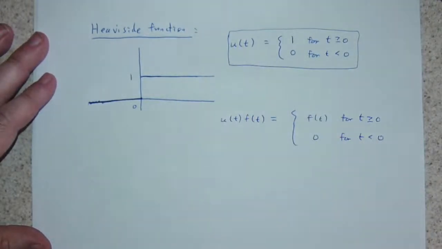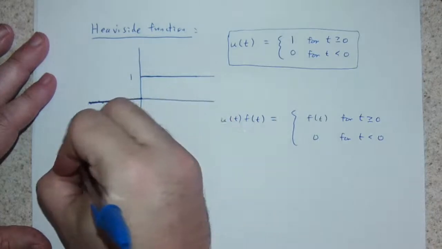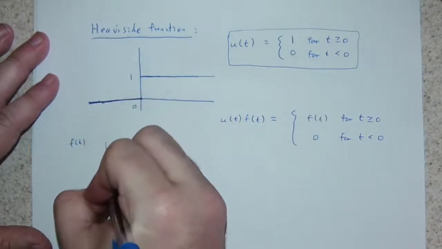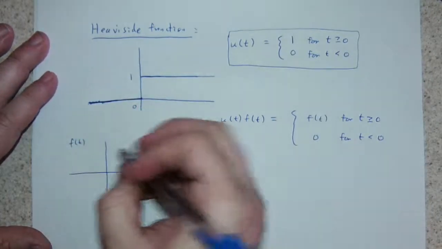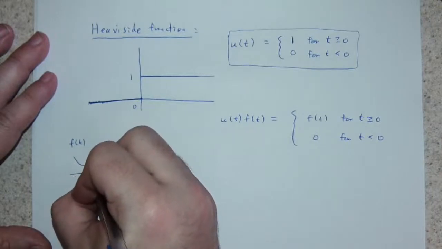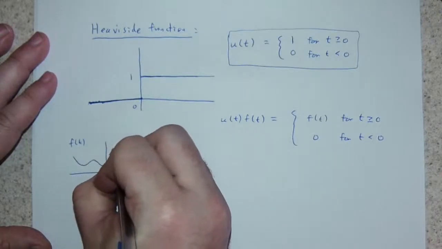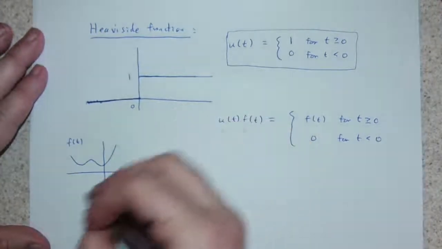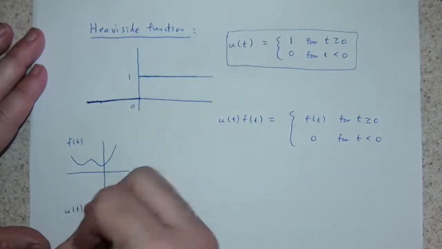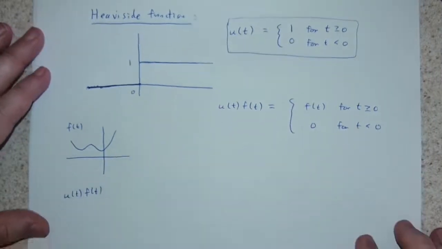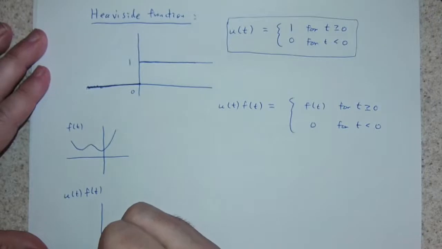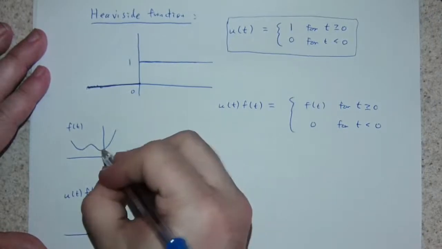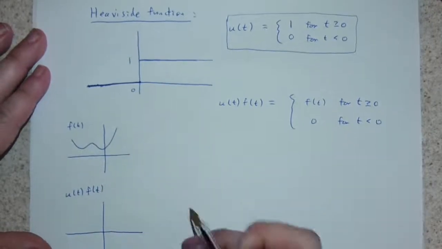So maybe f of t looks like this. Okay, maybe that's what f of t looks like. But then u of t times f of t is going to look like what? Well, all this part of f is going to get zeroed out.